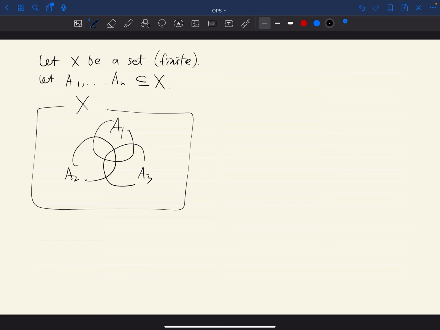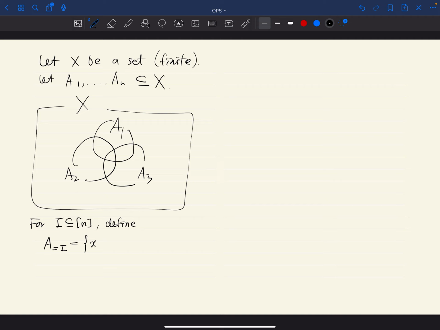And for a subset I of {1,...,n}, we're going to define two things. First, A subscript equal I. This tells you exactly the indices in I, so you want to find those elements that are in exactly those A's in this I.